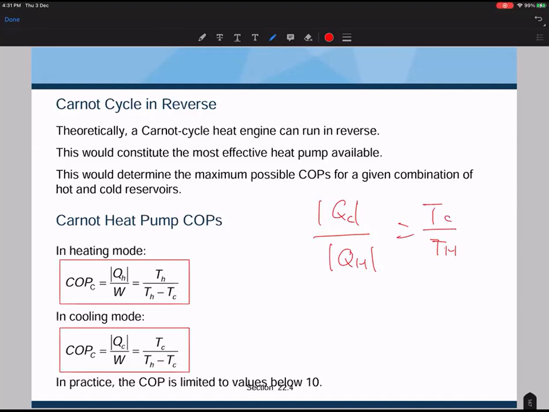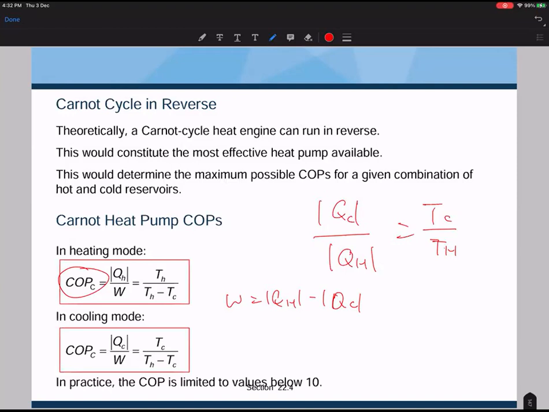The work done is equal to QH minus QC. So that is why the coefficient of performance in a heating mode for a Carnot cycle is TH over TH minus TC.